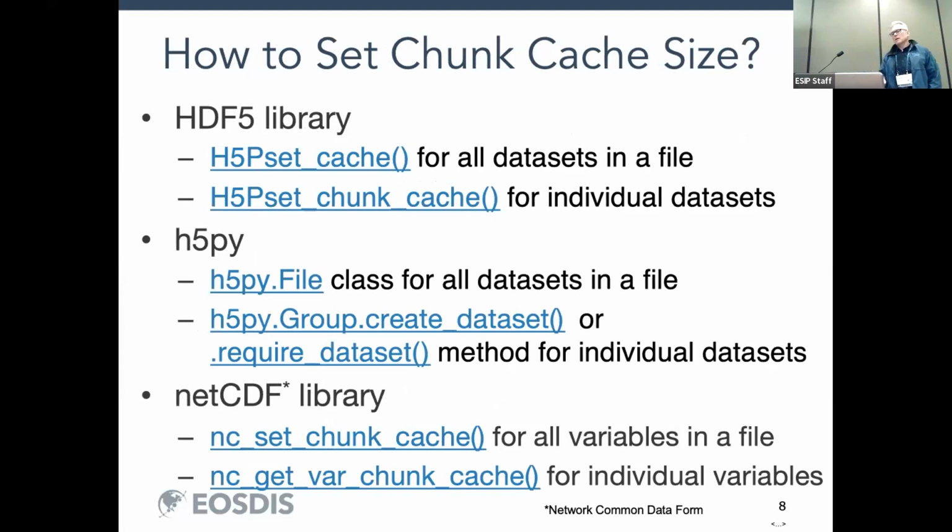That's the first one. For individual data sets, that's the second one. I'm giving examples for the HDF5 library C API, h5py, and the NetCDF library as well. So this is how you can set up chunk cache sizes. Again, this applies to both writing data and reading data.